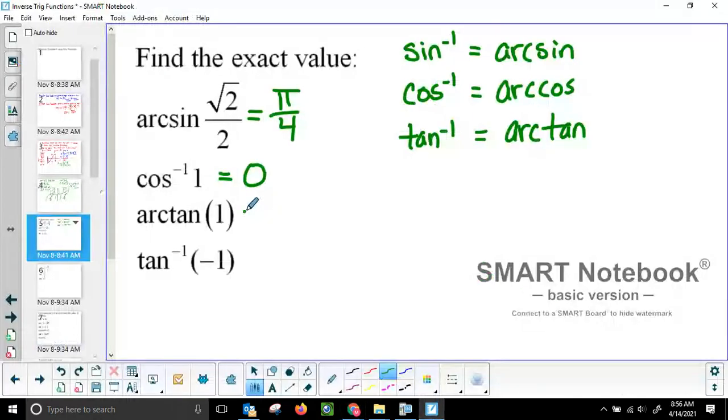So we just say, okay, this is pi over 4. So inverse trig functions aren't that terribly difficult, right? We're still looking at our unit circle, but instead of being given an angle and us saying a value, we're given a value and we have to say the angle. That's it.